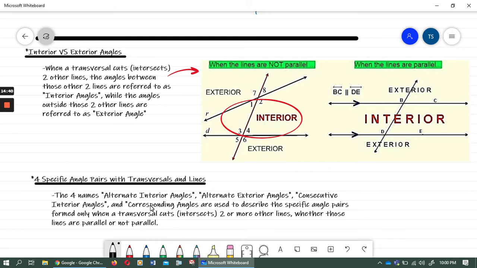Or when we see the word corresponding, what is that word referring to, and what does it mean to have corresponding angles? What does it mean to have alternate exterior angles? What does it mean to have alternate interior angles? What does it mean to have consecutive interior angles? We're about to go into detail, okay? And we're about to dive into this.